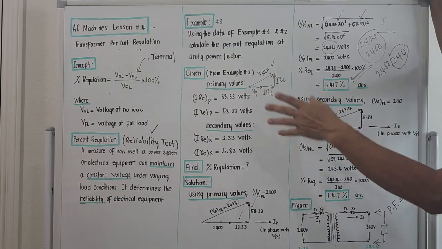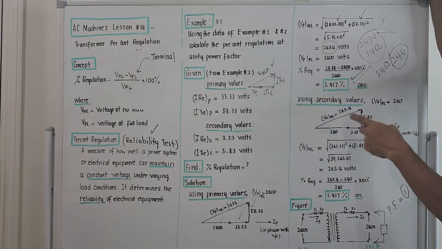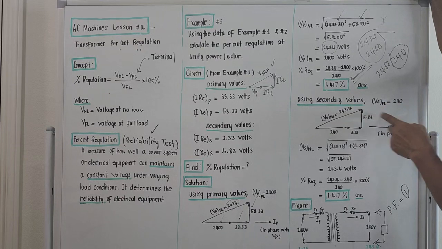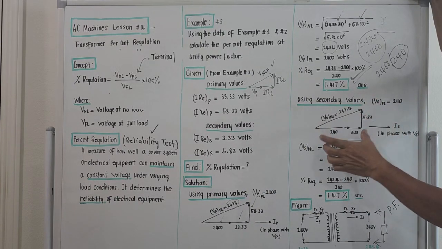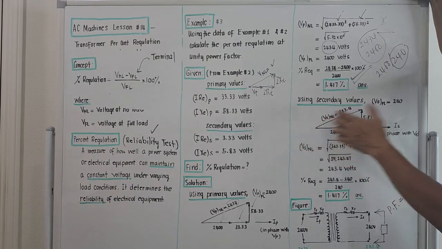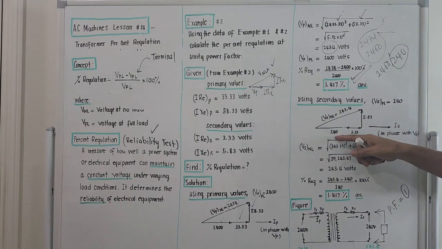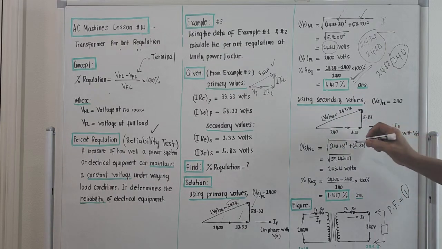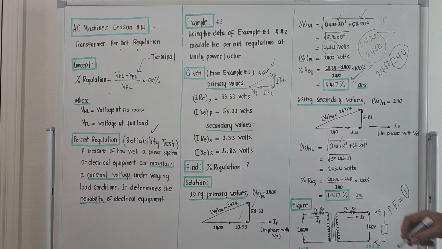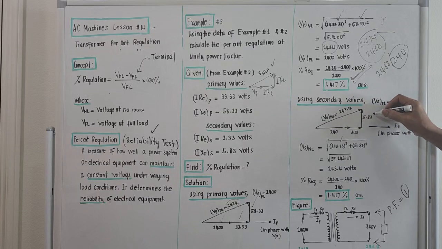And the drop due to the reactance, referred to the secondary, of course, is 5.83. We are done with the primary. So if we take the vectorial sum of this, 240 plus 3.33, both real parts, this is 243.33, the sum. And the imaginary part is 5.83.